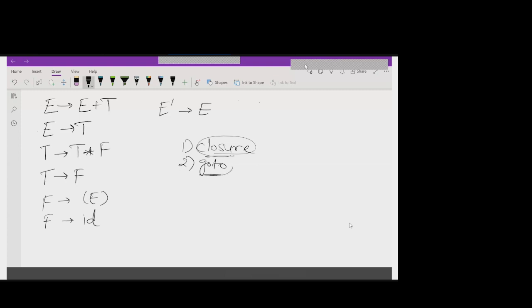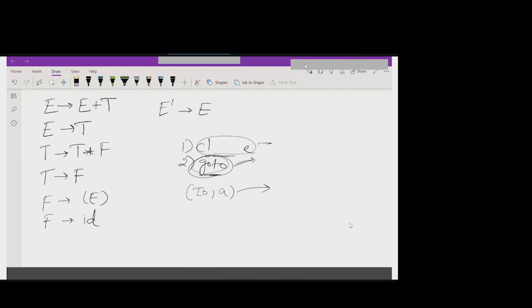And goto operation means where you have to go, right? That means suppose this is the state and this is the symbol, then which state you have to go to. Are you getting this? So as and when we do it, it will be more clear to you. Right now you need to understand these two operations: one is the closure operation and one is the goto operation.